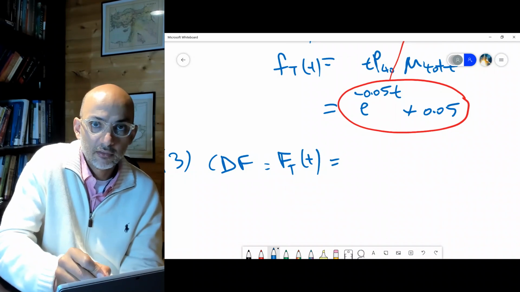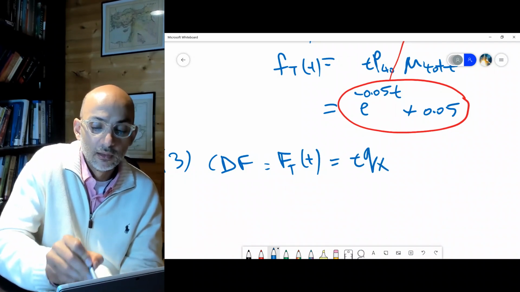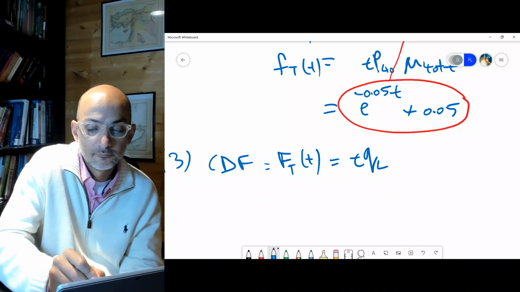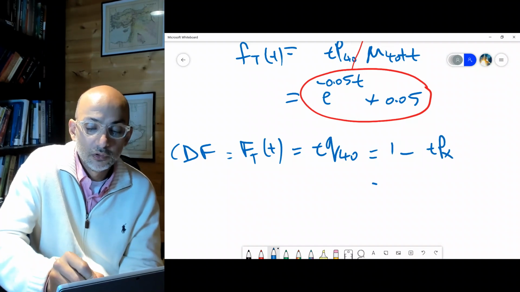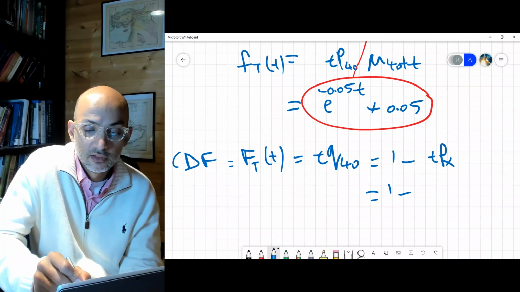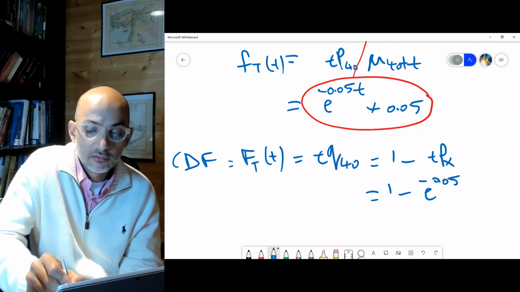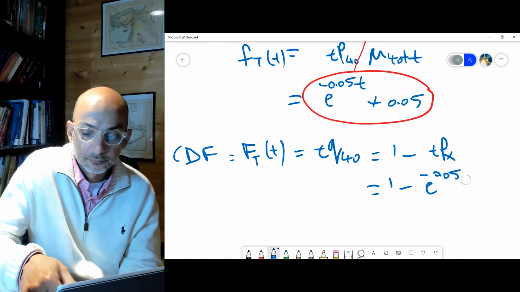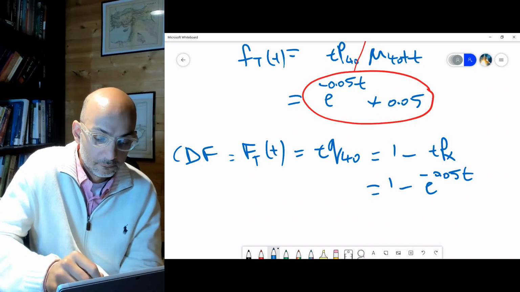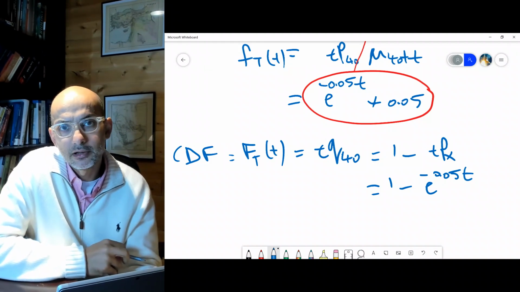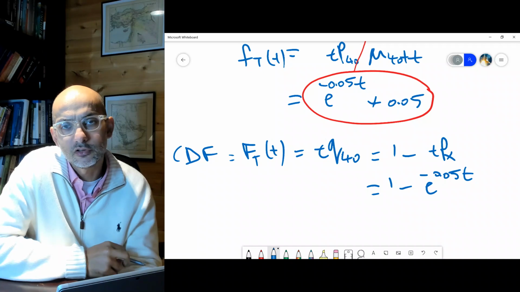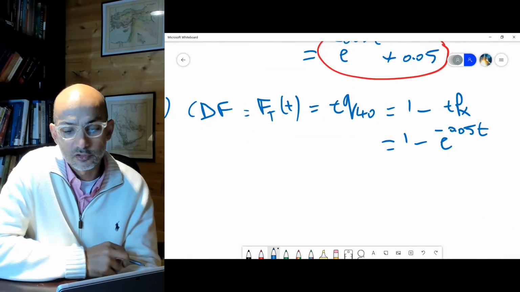In actuarial mathematics, we write it tqx, and our x here is 40. It's 1 minus tpx, which is 1 minus e to the minus 0.5 t. So it's exactly the same. The remaining lifetime random variable and the whole lifetime random variable both have the same cumulative distribution function if we are using the exponential distribution, because it's a memoryless distribution.